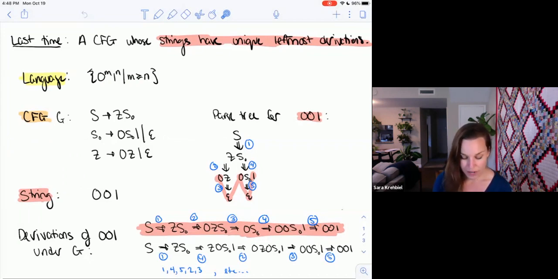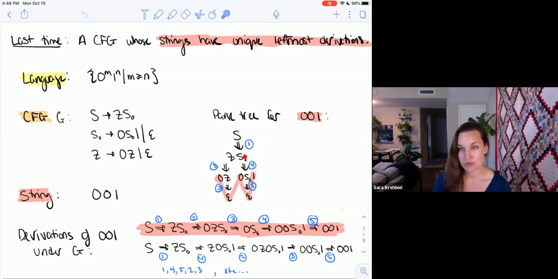So we have this new type of diagram to track what's going on when we have a grammar and we're trying to use that grammar to generate a string. This diagram shows that we start with the start variable because we always do. And then we apply substitution rules.